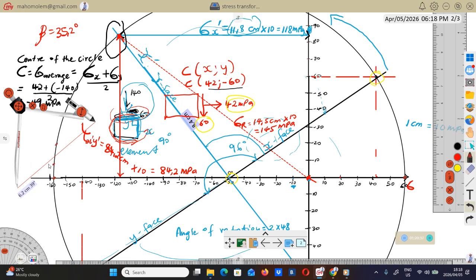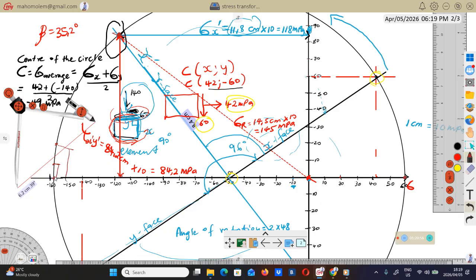So yes, at this point, there will be shear stress. If you want to know the shear stress at this incline, you measure from here to there. The same thing at this point, you measure from here to there.